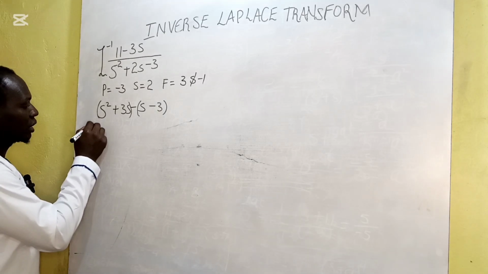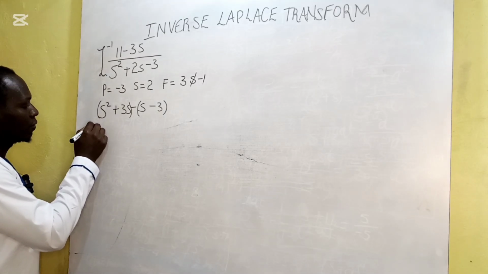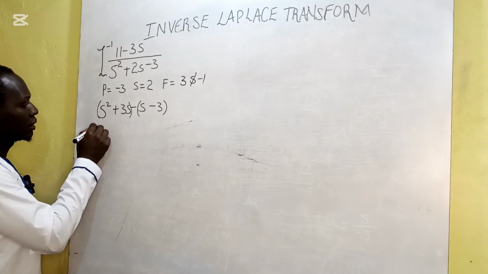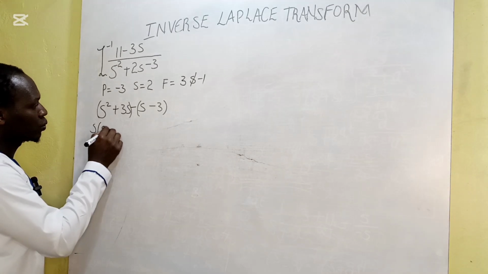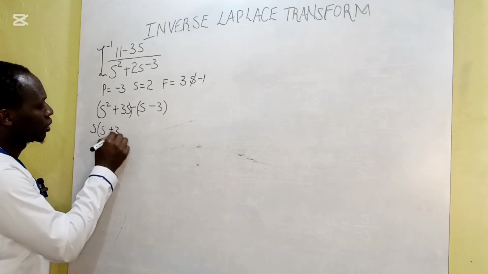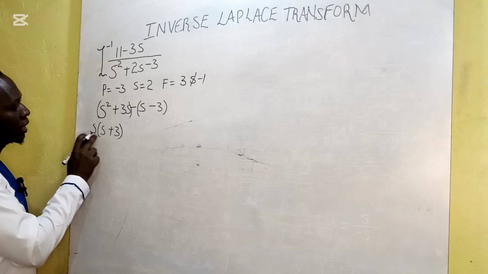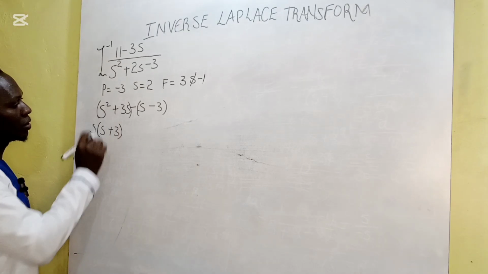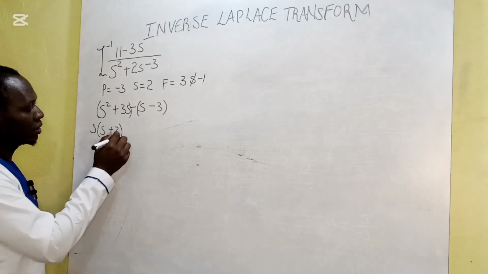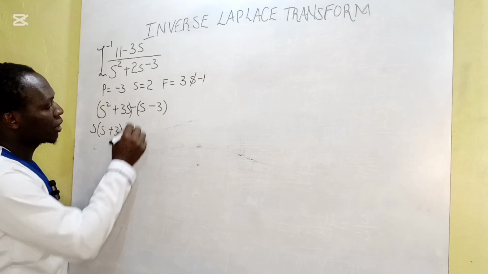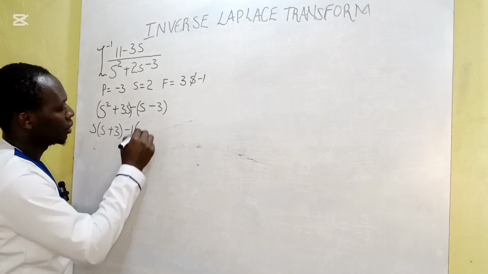In our first bracket, we have a common factor of s. s into s, we add 3, because when you take s, you multiply by everything, you must get what we are having in this bracket. We subtract 1 into s.